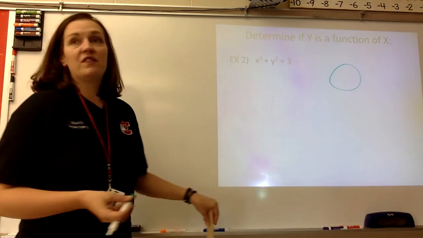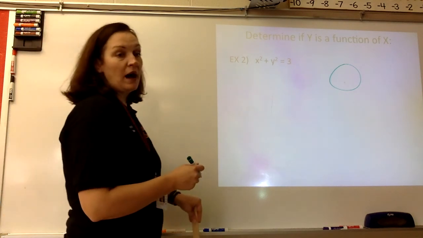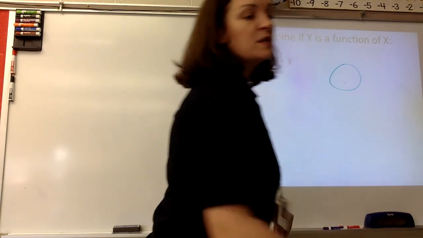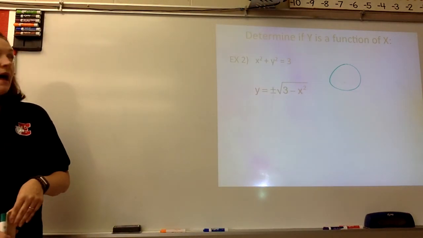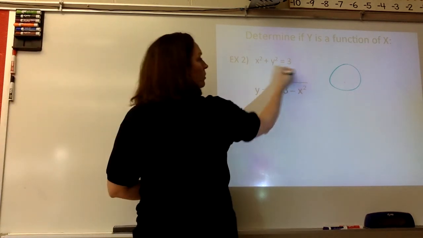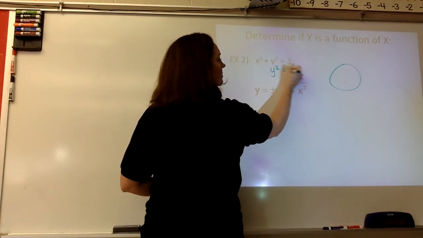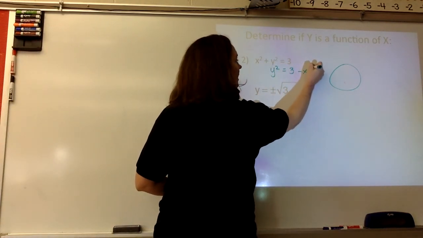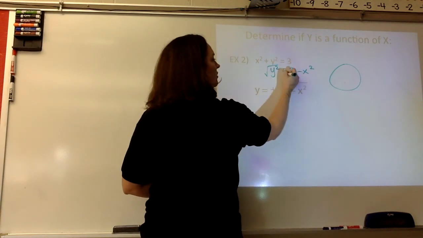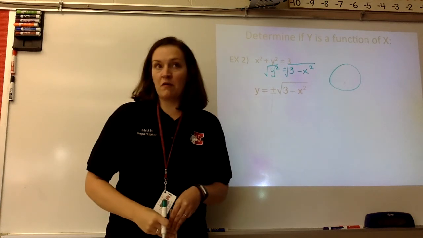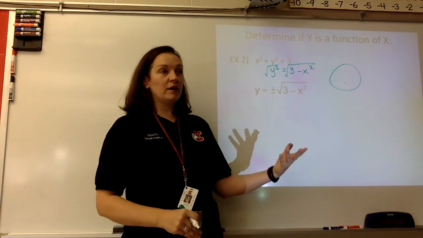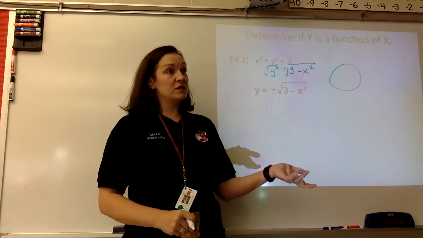No. So if you identify the type of equation it is, that may help you in answering the question that's being asked. However, I do want to show you this math because you're going to need this moving forward. If we wanted to graph this in the graphing calculator to solve for y, this is what our answer would look like. How did we get that? Well, we moved the x squared to the other side. So we've got 3 minus x squared. And then we took the square root of both sides. But if you remember, we've talked about the fundamental theorem of algebra, which says the highest power is going to indicate how many solutions that we have.